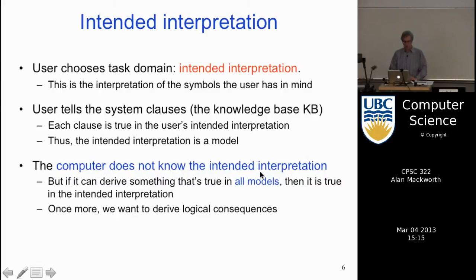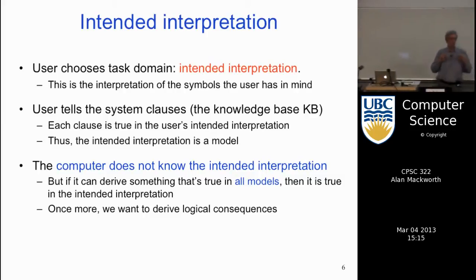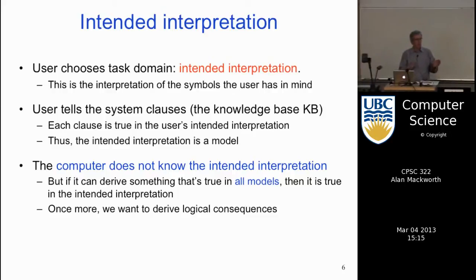The computer doesn't know the intended interpretation, but if the computer knows, in scare quotes, how to derive what's true in all models, then since the intended interpretation is a model, what's true in all models must be true in every single model, therefore it's true in the intended interpretation. So because you've got this proof procedure that can derive what's true in all models, you can be sure that it'll be true in your intended interpretation, because the intended interpretation is a model. It's a model because you make sure that the clauses you tell it in the theory are true.